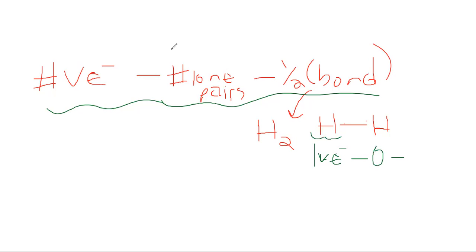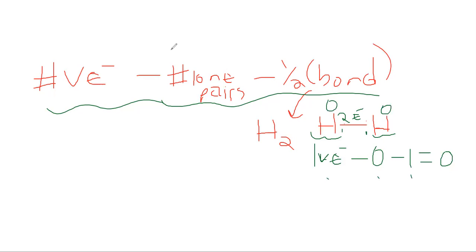How many bonding are there? There are 2 electrons right here, but they get equally dispersed between these 2 hydrogen atoms, so it's one electron here, one electron there. So half of this bonding would be 1. And that would give you your formal charge of 0. It's the same for both of them because they both have the 1 valence electron, the 0, and the 1.